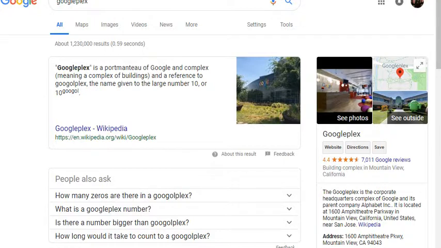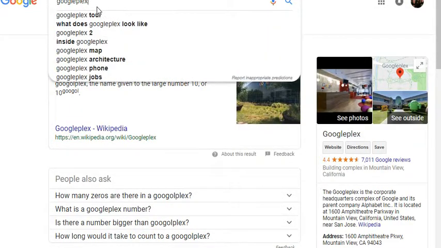So a googol is 10 to the 100th power, and a googolplex is 10 to the power of a googol. Googol search, googolplex. They use it in Futurama.